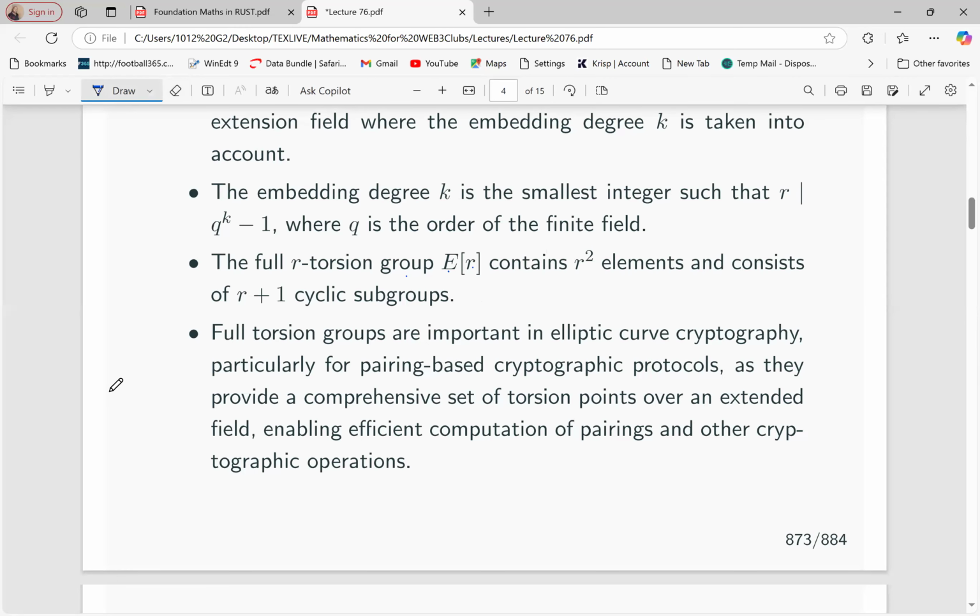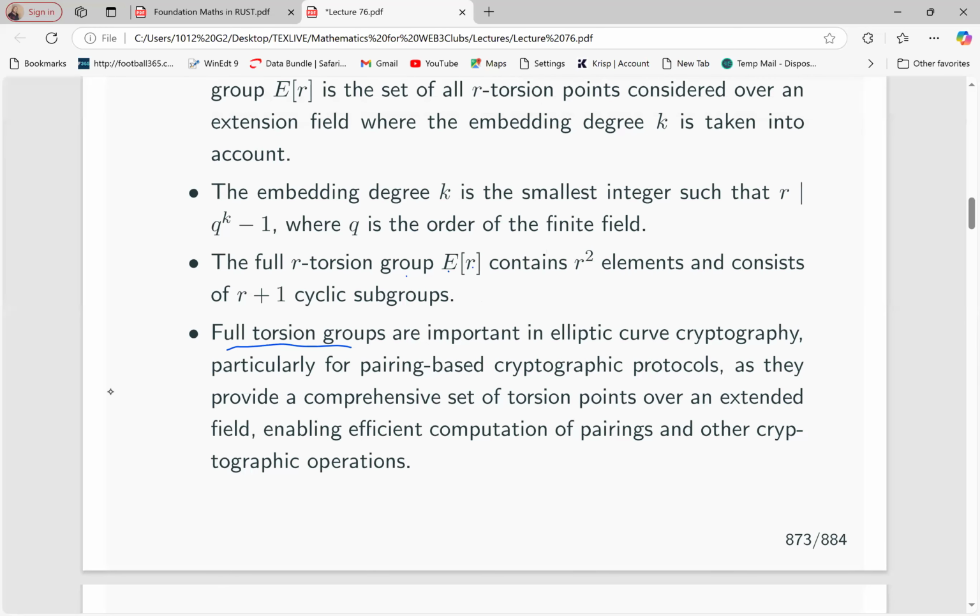Now, why do we study the full torsion groups? They are important in elliptic curve cryptography, that is securing data using elliptic curves, and particularly pairing-based cryptography, which I said last time is still understood as one of the post-quantum secure cryptography.